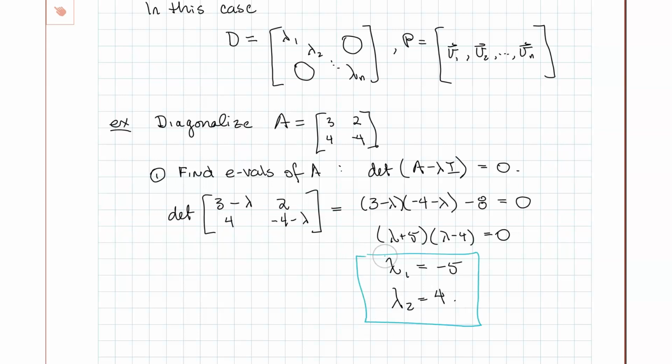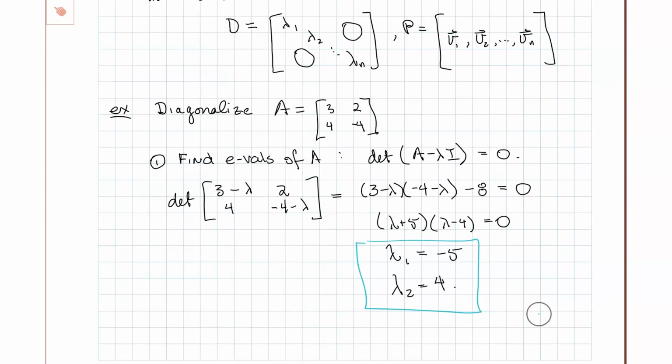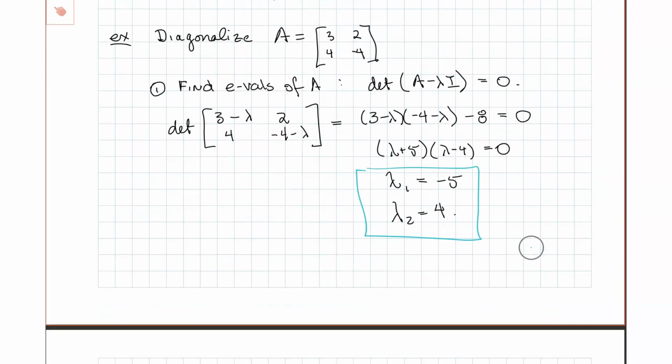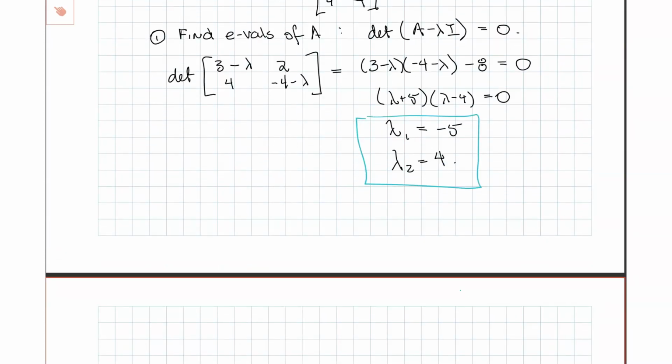So that is step one, finding the eigenvalues, and then we need to find the corresponding eigenvectors. So we have our D already. Now we just need to find our matrix P by finding the eigenvectors. So let's just start with lambda equals negative 5.